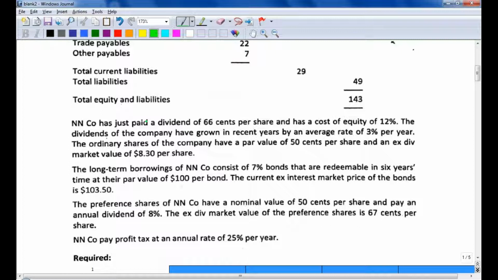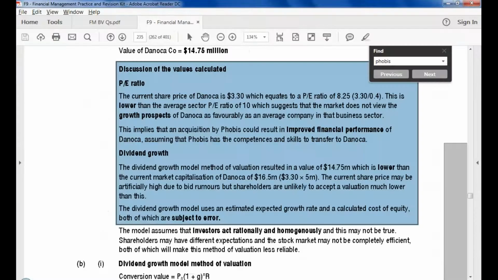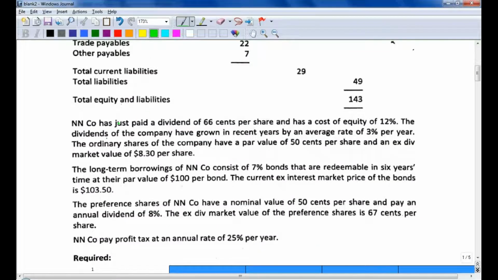And next, the details. NN company has just paid a dividend of 66 cents per share. Cost of equity 12%. Dividend of the company has grown in recent years, average growth rate of 3%.